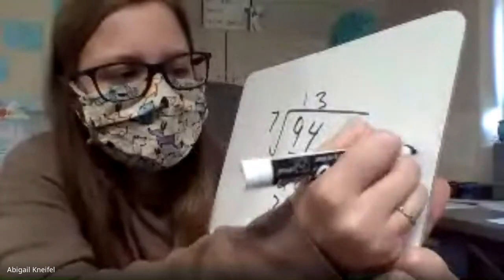Then I brought down the 4. Then I subtracted 24 minus 21. 7 times 3 equals 21. Your answer was 13, remainder 3.